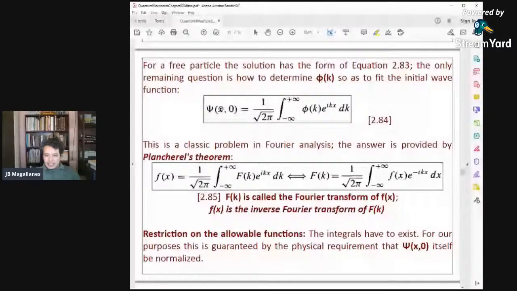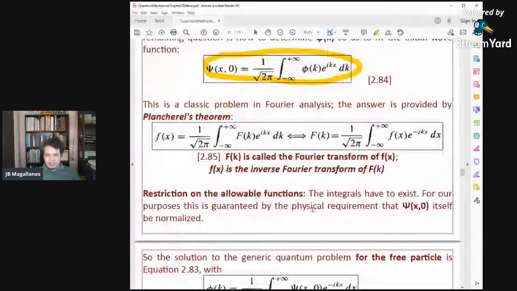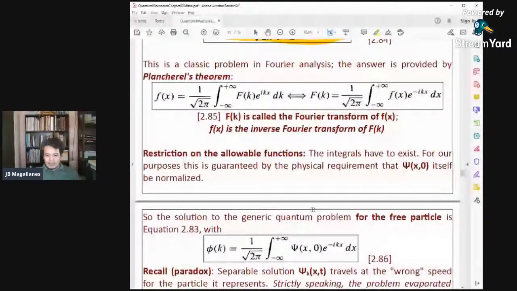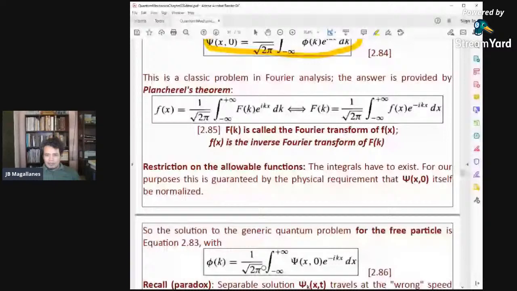So in this case, is this a normalized function? By the way, you can write phi k.